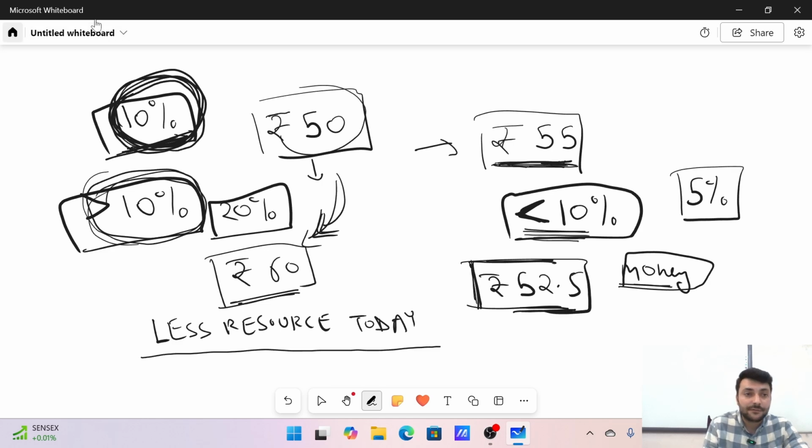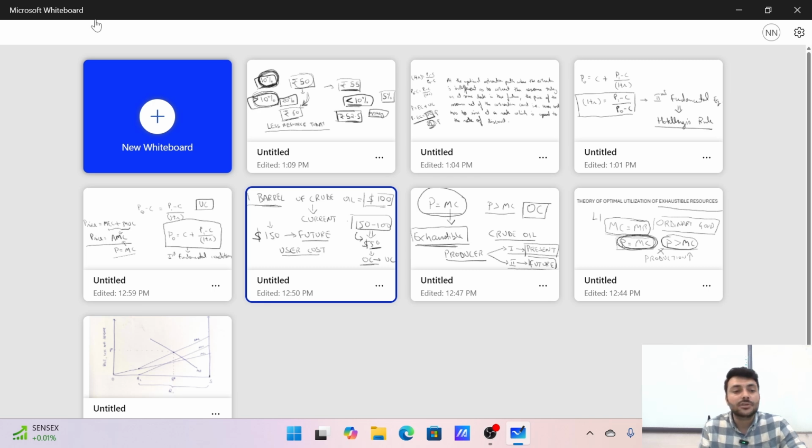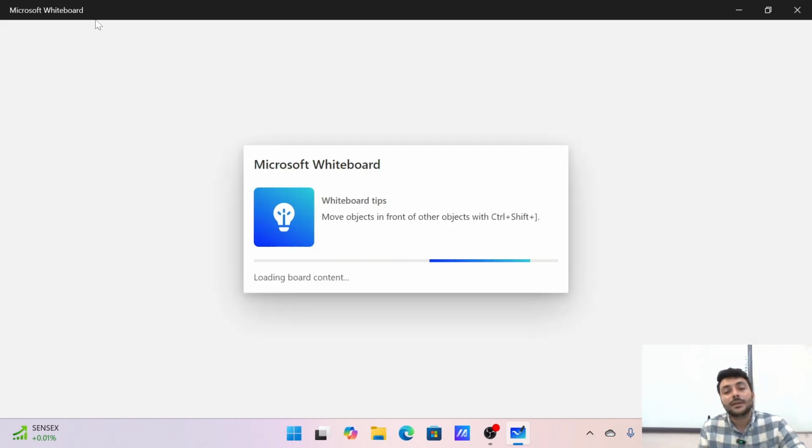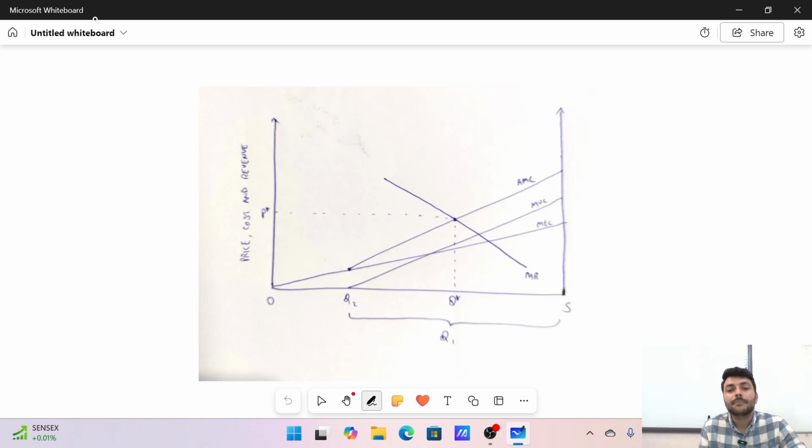Now let's proceed further and try to understand this optimization of exhaustible resource through the diagram. All right, so again, we are assuming two time periods, time period 0 and 1. This is the current time period, this is the time period in the future.